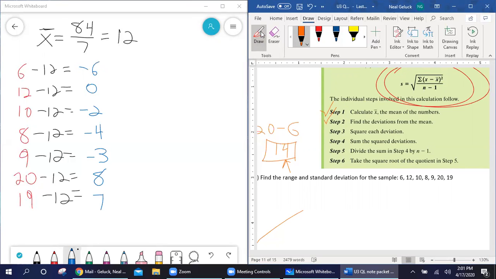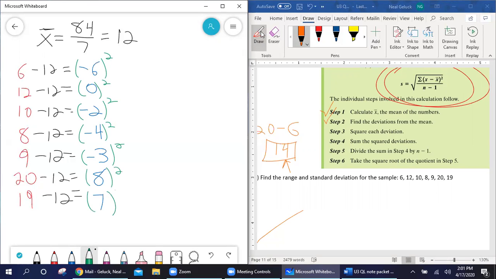Step 3, square each one of these numbers. Okay, that's going to give me 36. 0 squared is 0. 4. 16. 9. Again, be careful on all this.